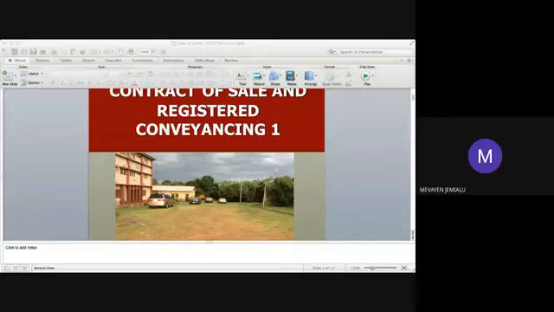Then under customary restrictions, we have just discussed statutory restrictions. Now, another restriction on disposition of land in Nigeria falls under customary law. And this will happen where the ownership or title to land is vested in a community or family.